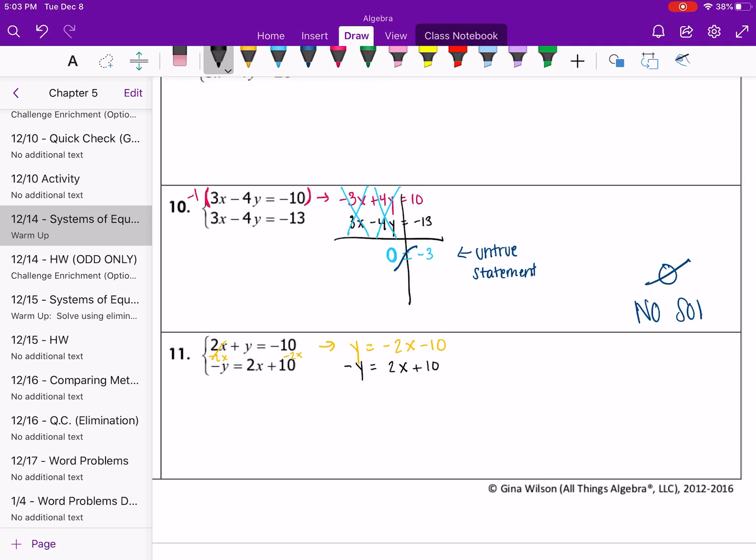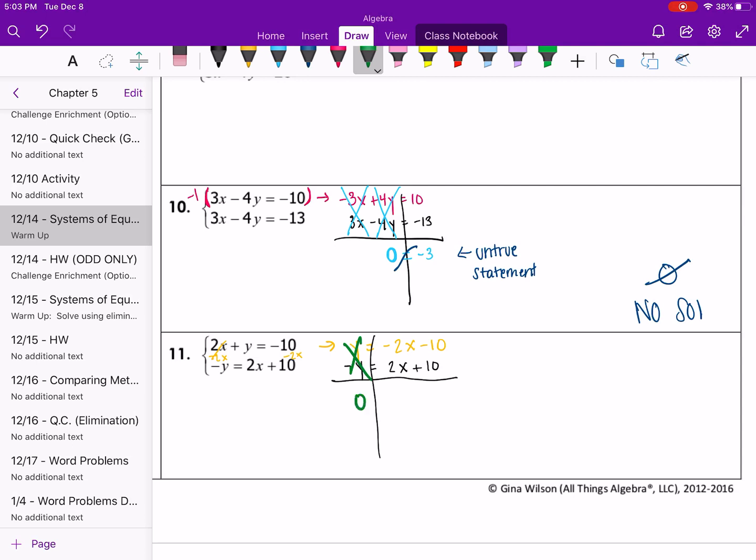And so kind of similarly to when I end up with a no solution, when I go to work out an infinite solution, I see that these cancel out, similarly to the no solutions.